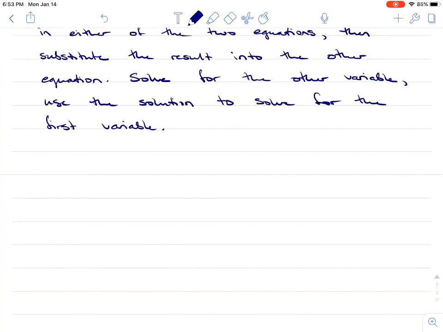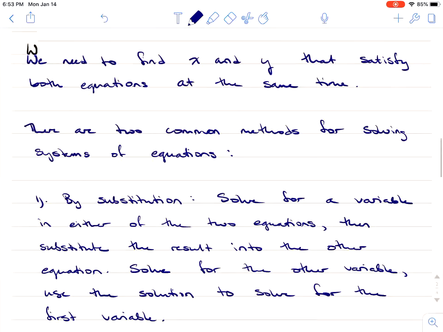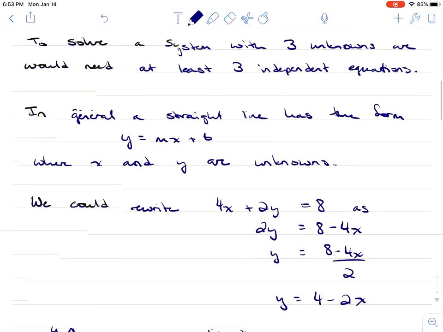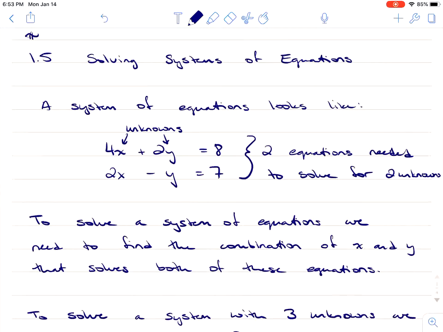We'll just talk about the other method, which is by elimination. So the second method is by elimination. Going back to our little example here, if we had to solve this by elimination, we would multiply either of these by some number.